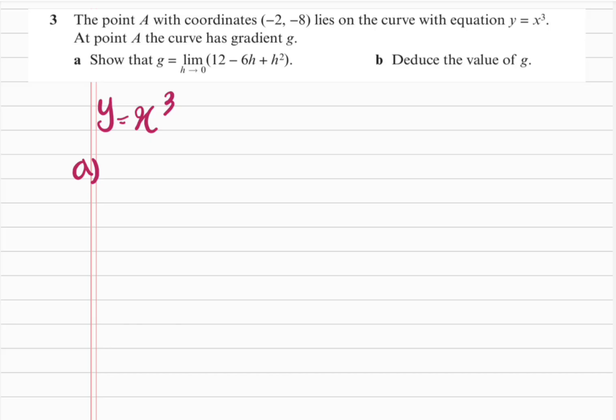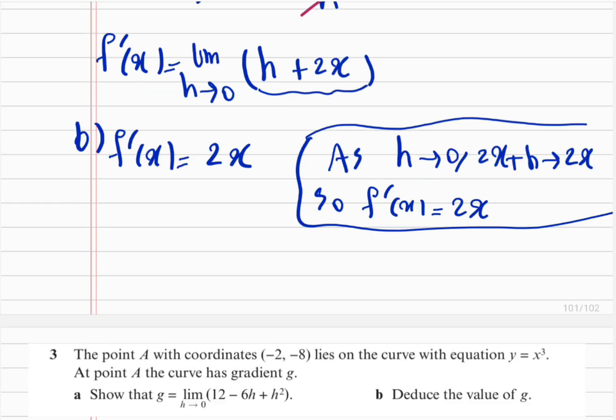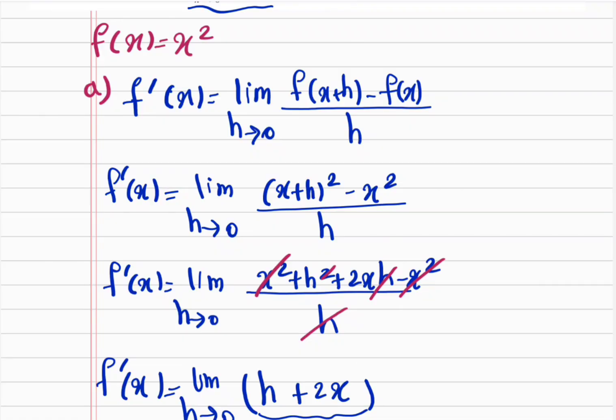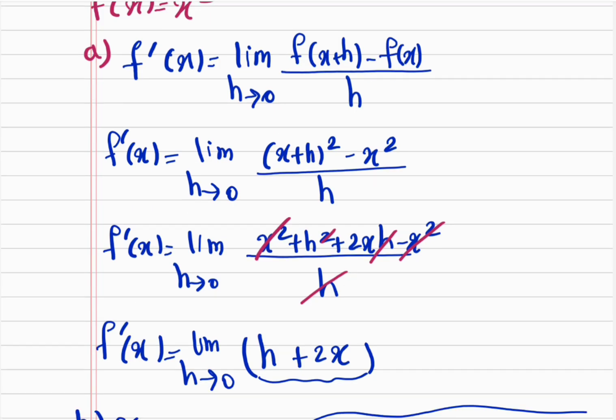And in this case, we first need to begin by writing the formula for differentiation from first principles. So f dash x is equal to the limit of f of x plus h minus f of x over h as h tends to 0.